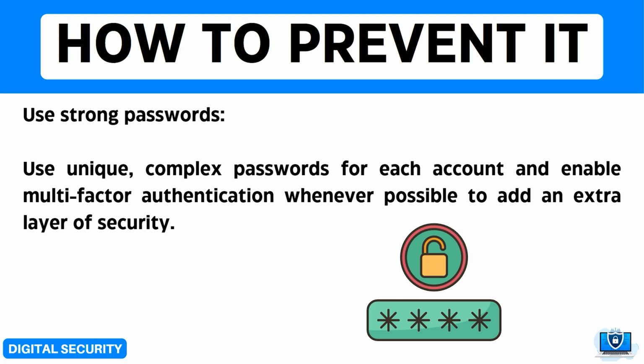Even if he gets your password, he won't be able to log in because you will receive an OTP on your phone. So we have made a fool of him. All his efforts have gone into the dustbin because we used two-factor authentication.